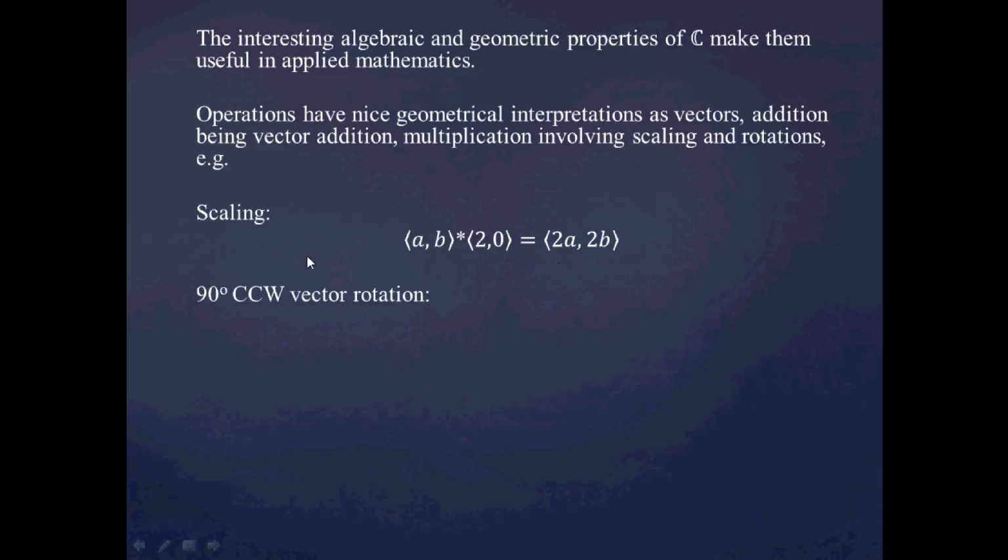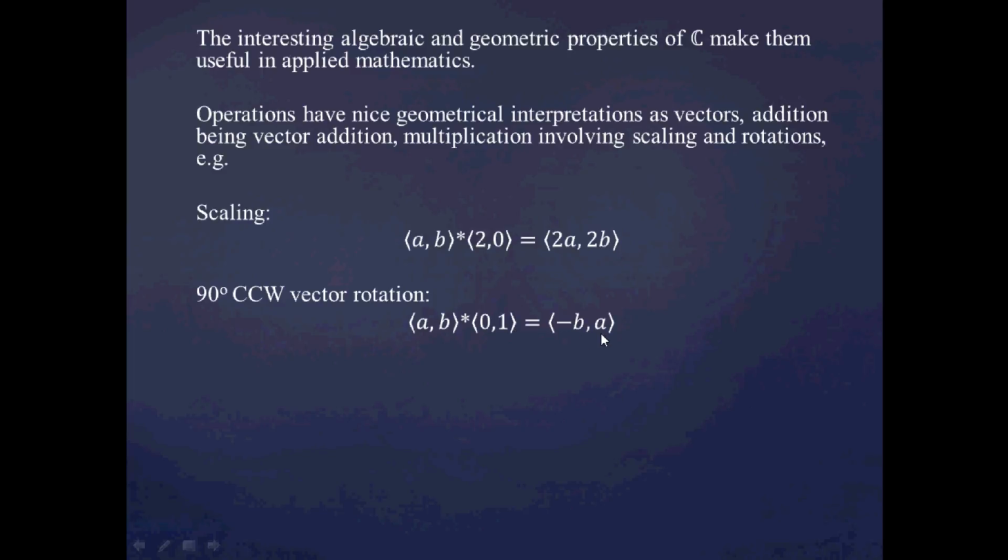And furthermore, there's an object in the complex numbers which encodes the transformation of rotating counterclockwise by 90 degrees. And that object is really i. It's the object (0, 1). So when I take a vector (a, b) and I multiply by (0, 1), or i, what I end up getting is (-b, a).